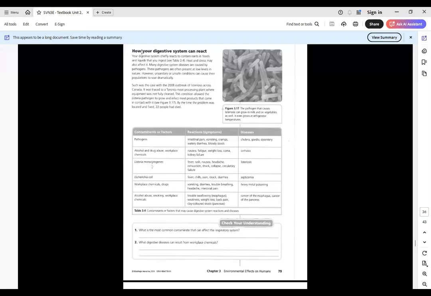I think there was also one for romaine lettuce. And there were big announcements, everybody saying take it off the shelves. Supermarkets and grocery stores had to take it off the shelves, couldn't sell it because it had E. coli. E. coli can be very, very harmful to the digestive system.